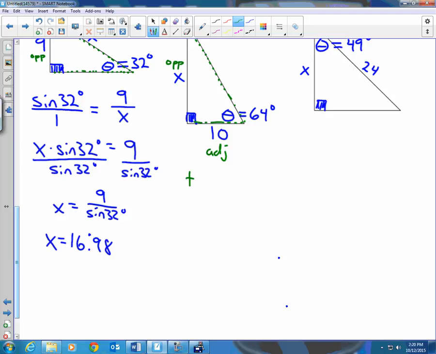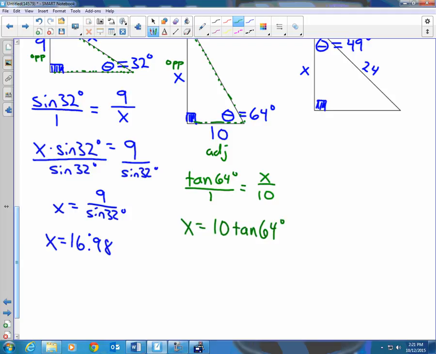Tangent. So I set up the tangent of 64 degrees over 1 is equal to what? x over 10. I cross multiply. x times 1 is x, equals 10 times the tangent of 64.